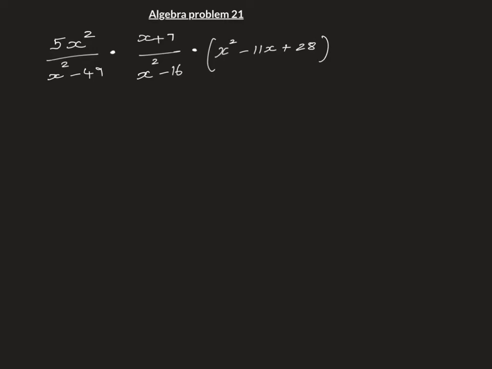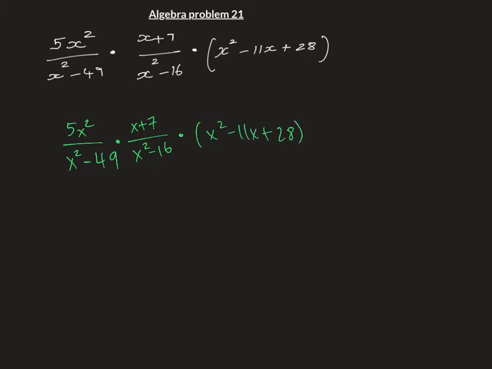If you look at it, we've got quite a few things that we can factor. First I'll just rewrite the equation down here so we have more room to factor. Minus 49 multiplied by x plus 7 divided by x squared minus 16 times x squared minus 11x plus 28.